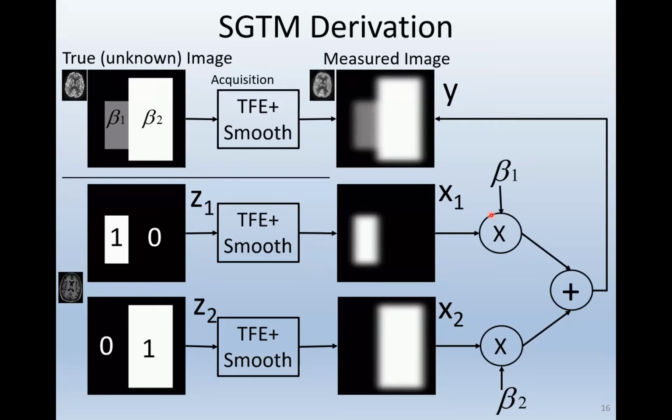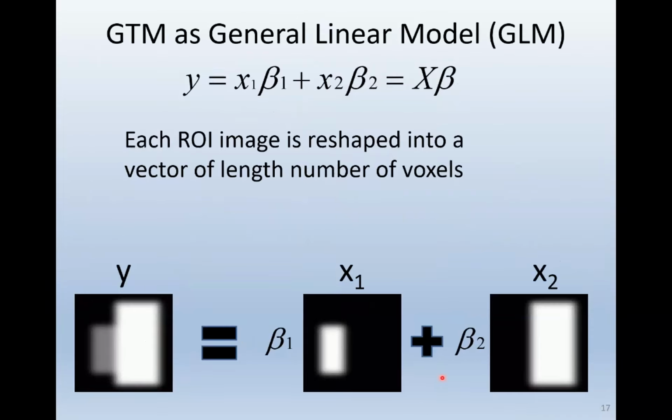So if I knew what beta 1 and beta 2 were, then I can multiply them by each of these images, add them together, and I'll get my actual measured image. So then the problem is, how do you find beta 1 and beta 2? And if you look at this, it just takes the form of a general linear model where y is my acquired image. X1 and X2 are these tissue fraction affected and smoothed binary images of each of my ROIs.